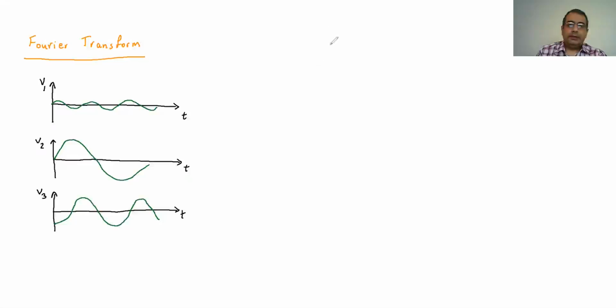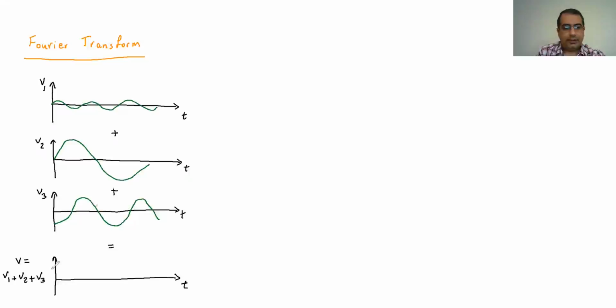Now, let's just say I add these signals together. What happens if I say, okay, this one plus this one plus this one is going to be equal to something? So I just add them to see what I get. I'm going to have this as time, and V is going to be V1 plus V2 plus V3.